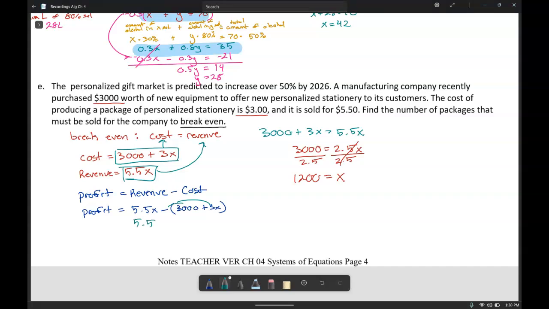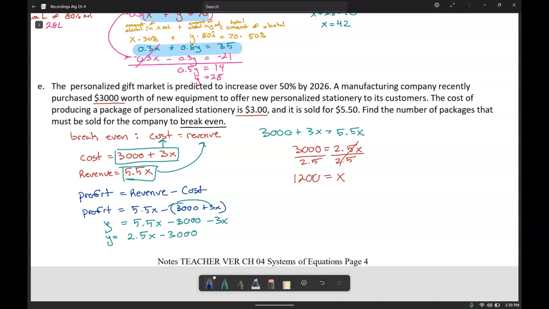And we can simplify this equation. We can distribute. And then we can go ahead and combine like terms. And so here we actually have an equation that models profit. So we can look and see, well, if they sold 1,200 items, how much profit do they make?